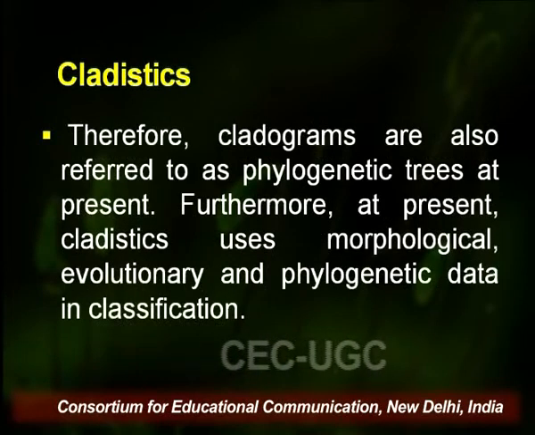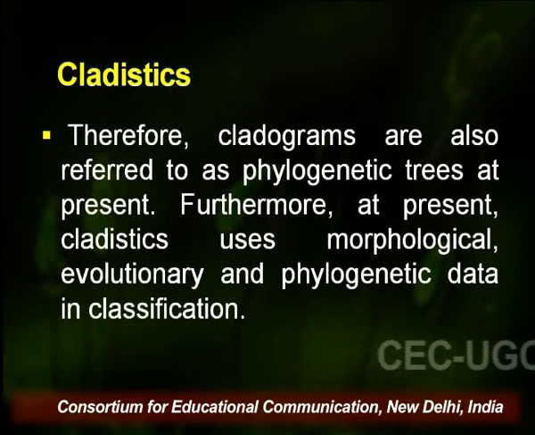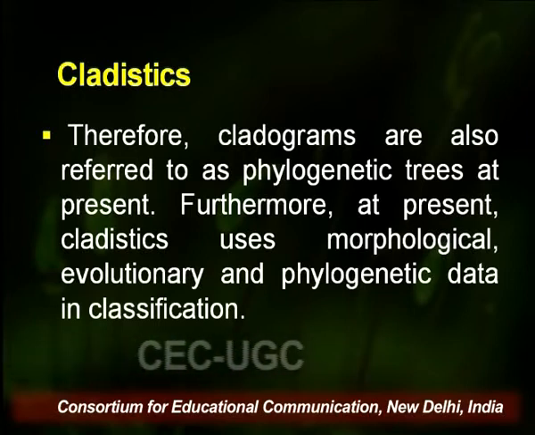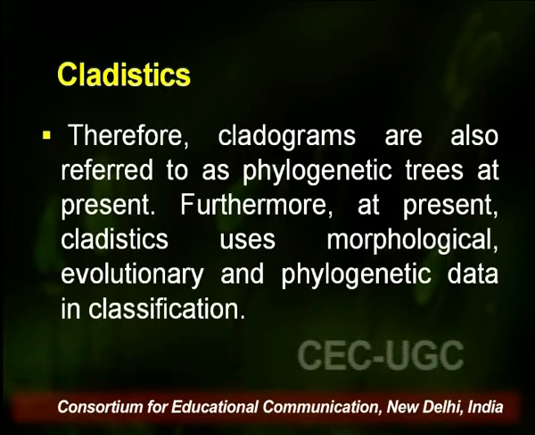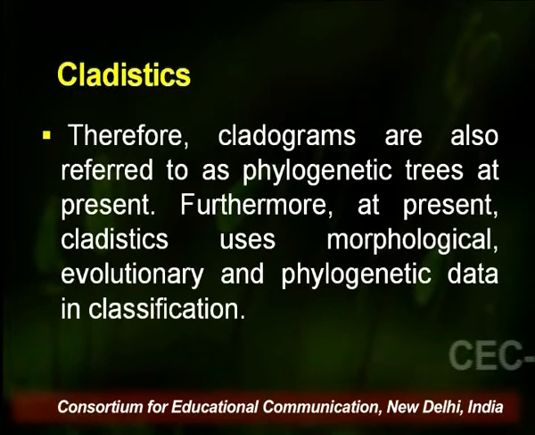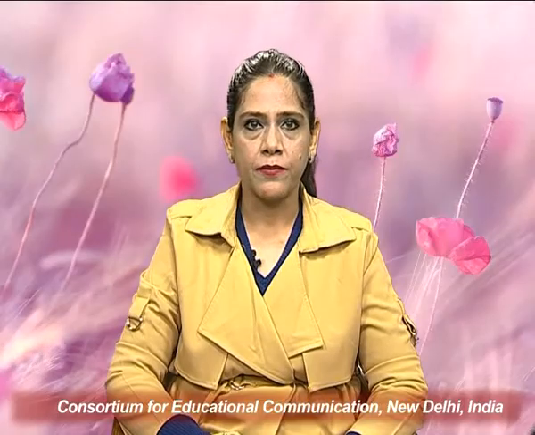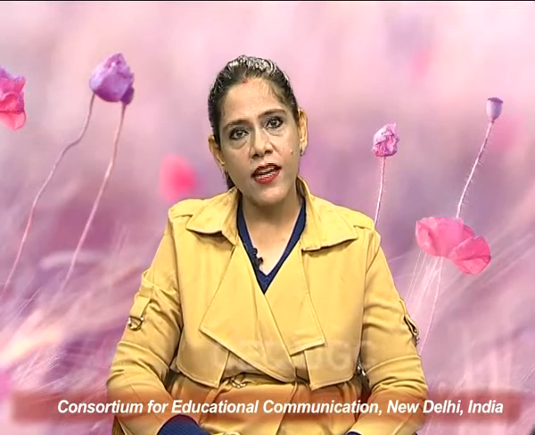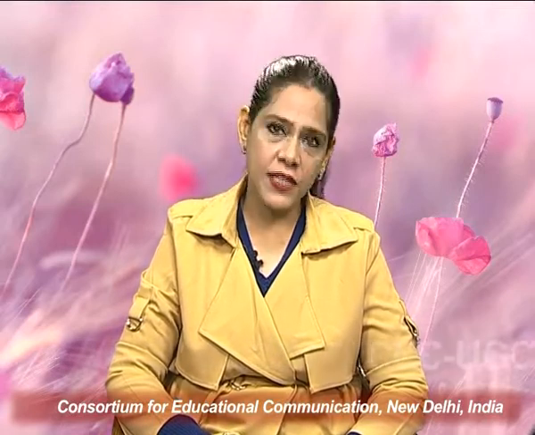Therefore, cladograms are also referred to as phylogenetic trees sometimes. Furthermore, at present, cladistics uses morphological, evolutionary, and phylogenetic data in classification. The branches of the cladograms define the various distances of similarity between the organisms and the deviation of the organisms.